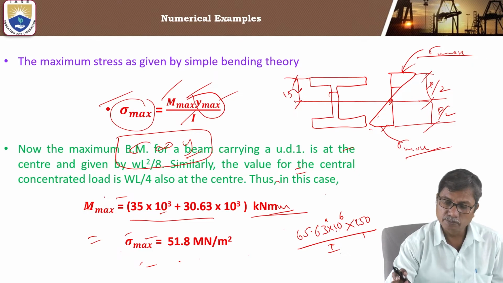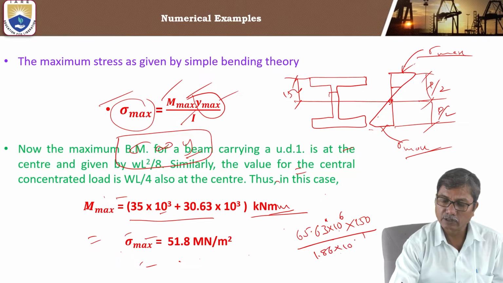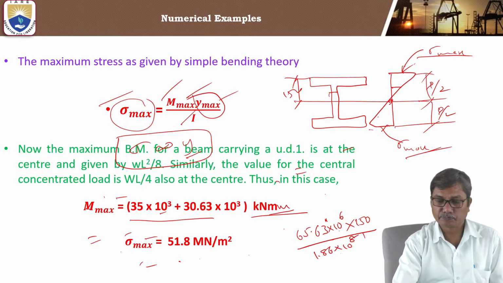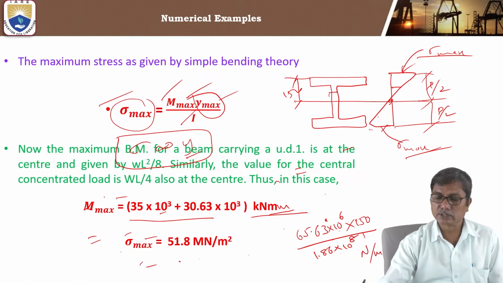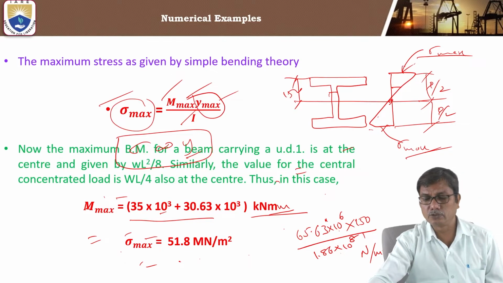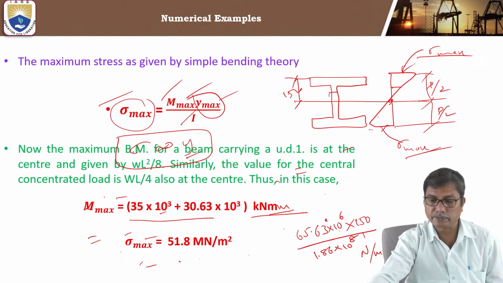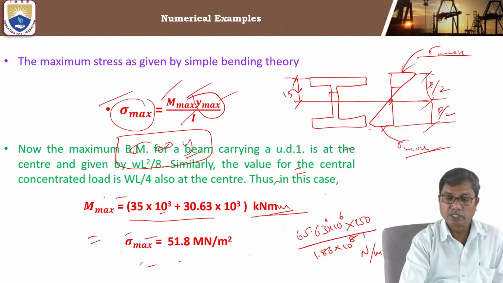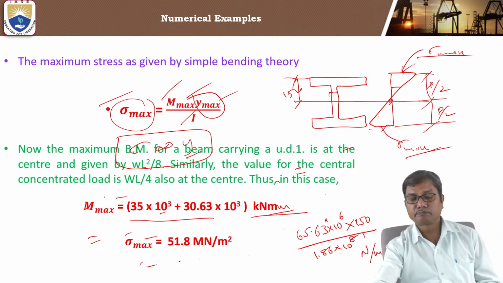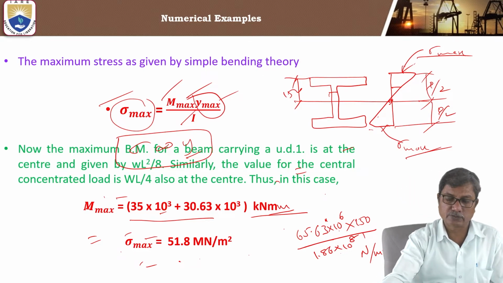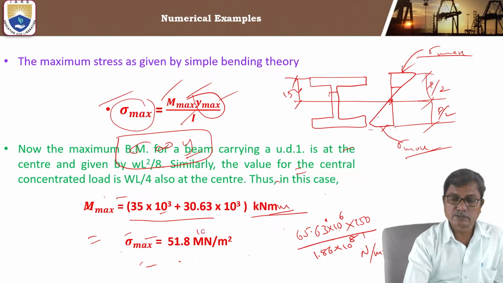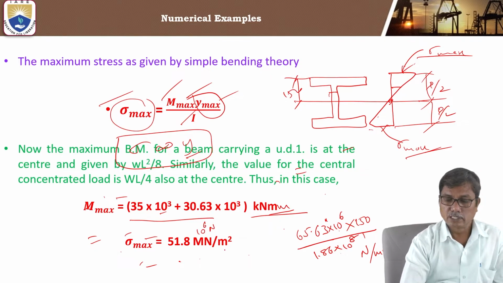So this value comes out in units of Newton per mm square, or mega Newton per meter square. Newton per mm square is the same as mega Newton per meter square, because mega Newton means 10 power 6 newtons, and meter square is 10 power 6 mm square.